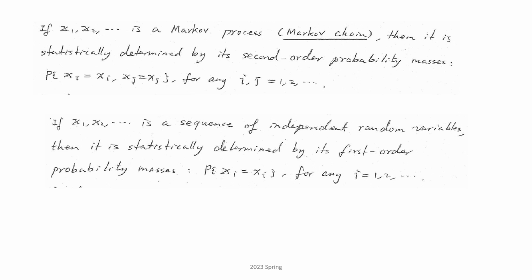If Xi is a Markov process, then it's determined by second order probability masses. But if it's a sequence of independent random variables, it's statistically determined by the first order probability masses. And the most important thing for a Markov process is the next state only depends on the current state.